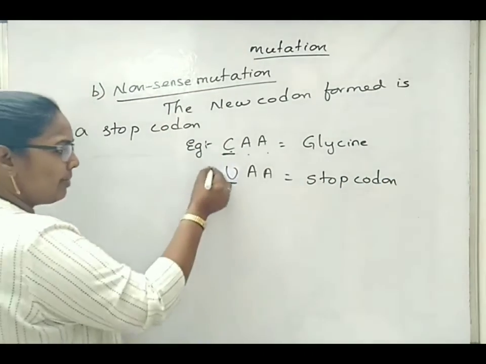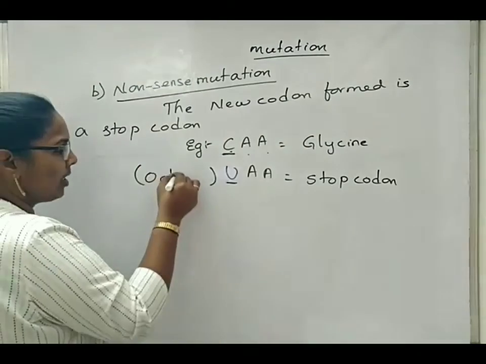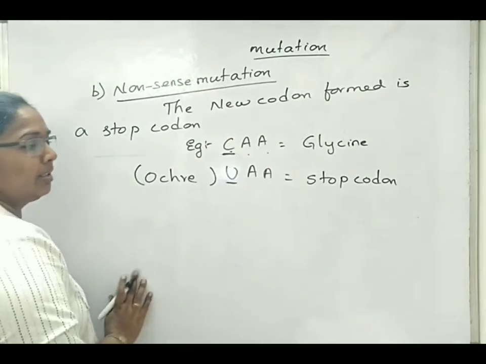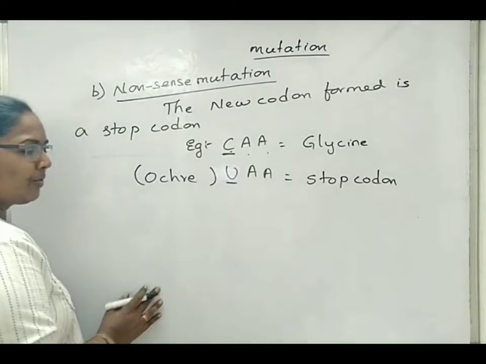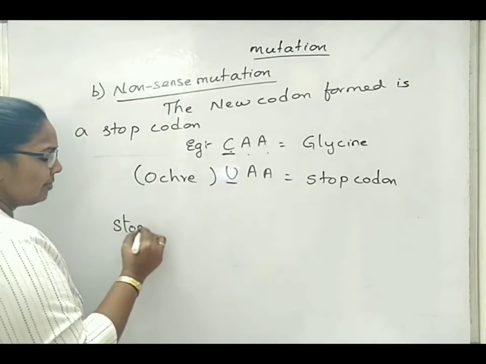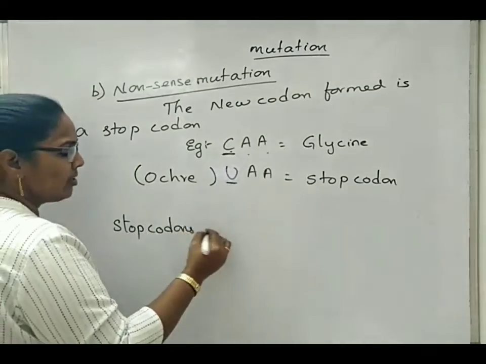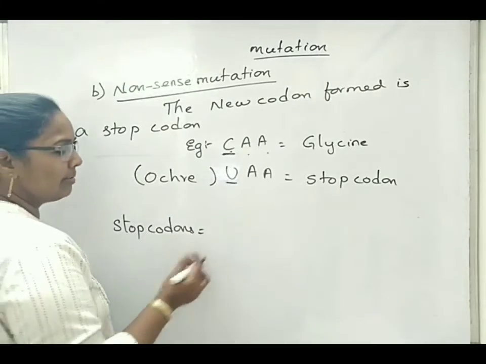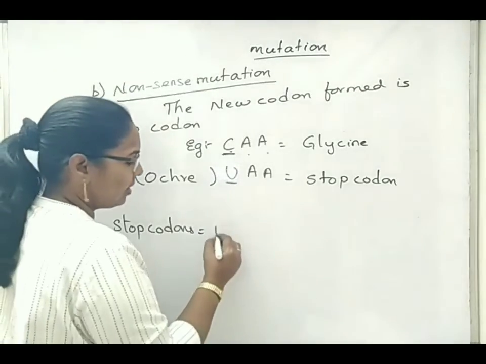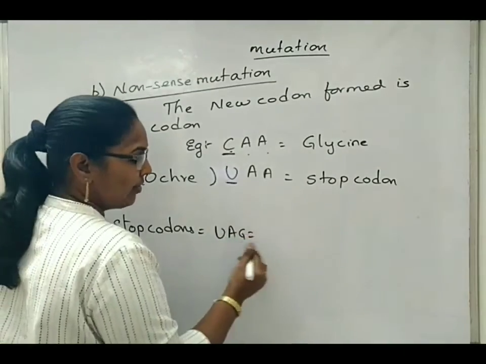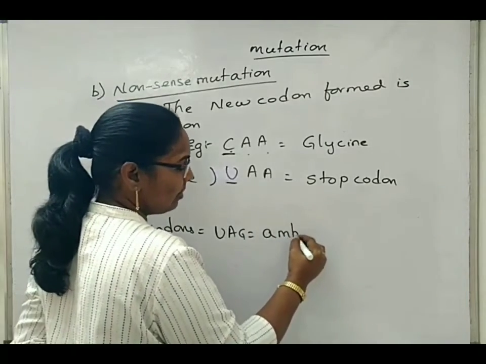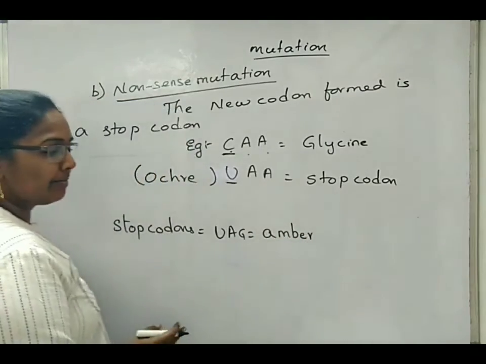Now, there is a name for this UAA type, that is ochre. Now, there are some other types of stop codons. So stop codons in the genetic code are 3 in number. One is UAA, another is UAG, which is also called AMBER.